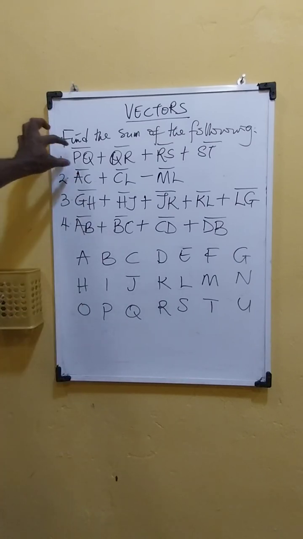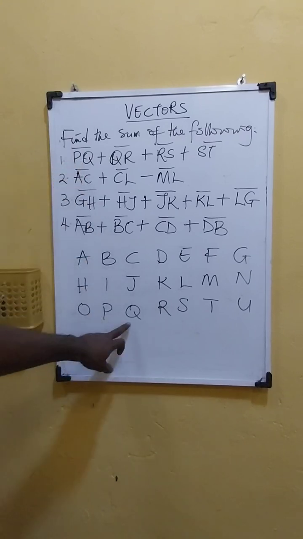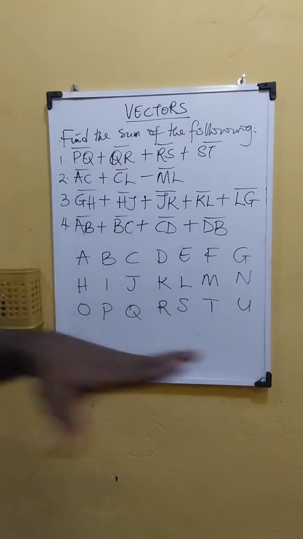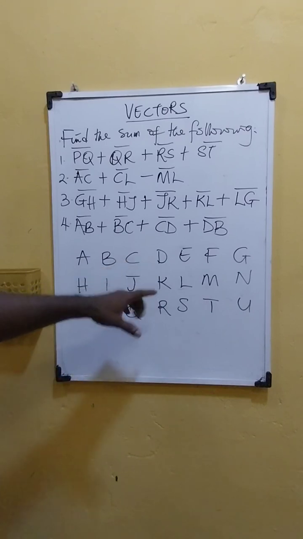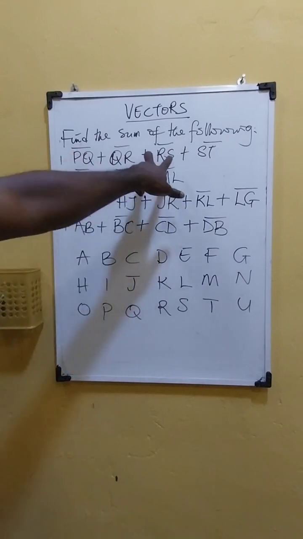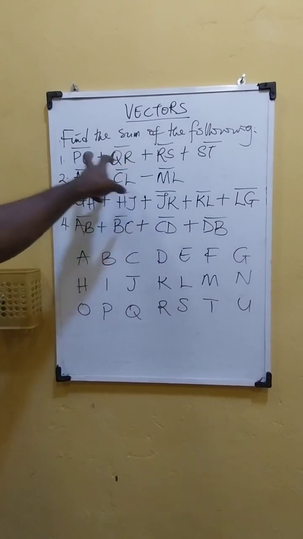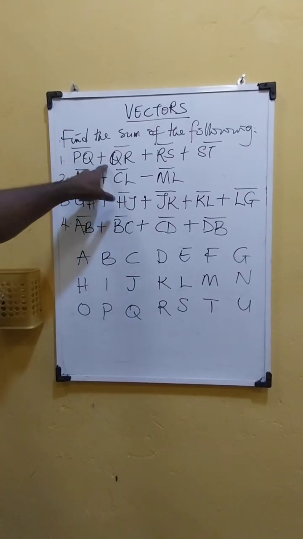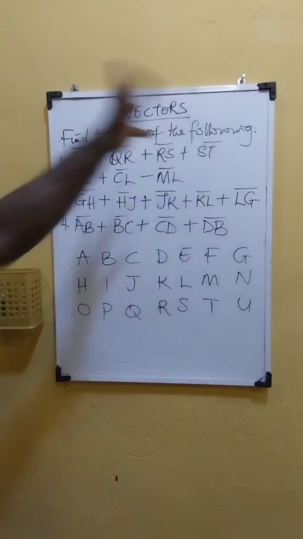So now let's take the first one. The first one is PQ. You have PQ followed by QR. They must follow the same order. If you come across any of the vectors that is not in order, for example PQ plus ST, and the QR is taken the other way, you have to rearrange it.